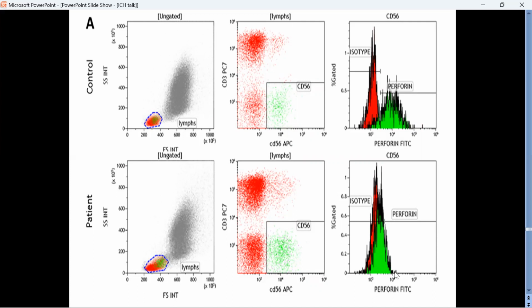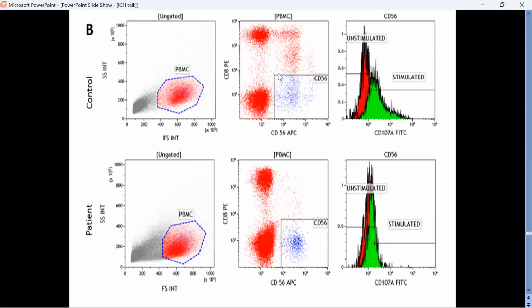If the perforin is present, the NK cells should show expression by forming a histogram peak here. Whereas since it is negative, it is not showing expression, it is falling along with the negative population. So this is how we find HLH due to lack of perforin granules.